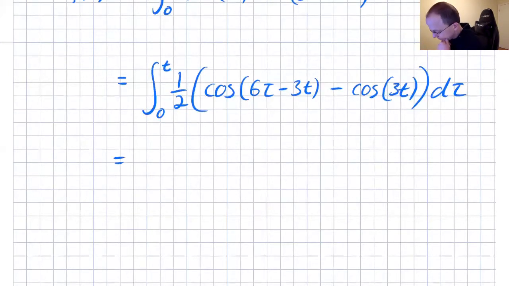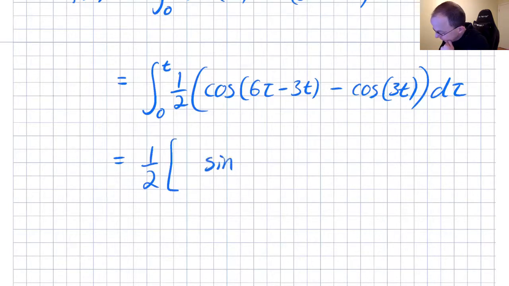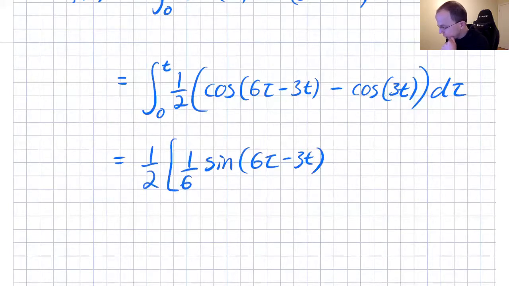Okay, so this first term, let me just take the 1/2 out. So the first term, what is the antiderivative of that? So it'll be a sine of 6 tau minus 3t, and then we need a 1/6 in order to take care of that. So then if we take the derivative of that, we get the right thing.